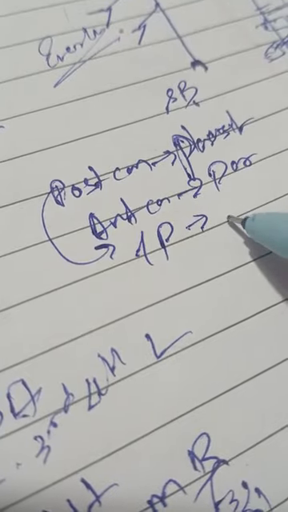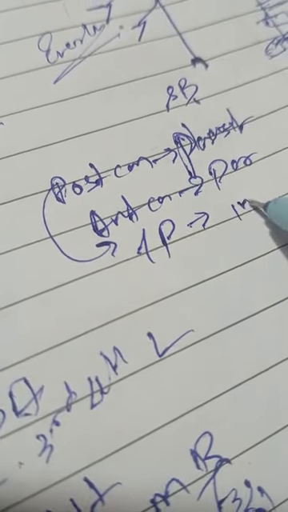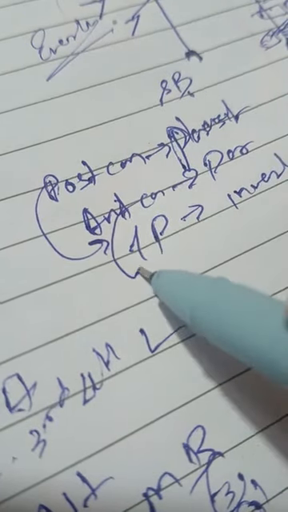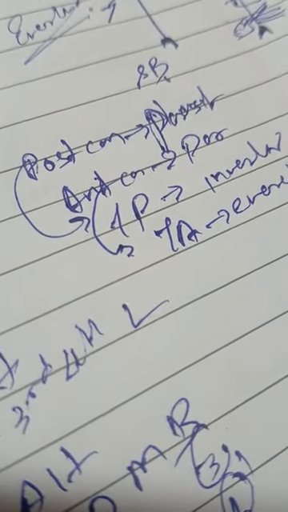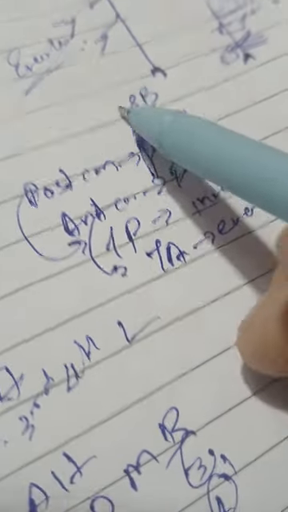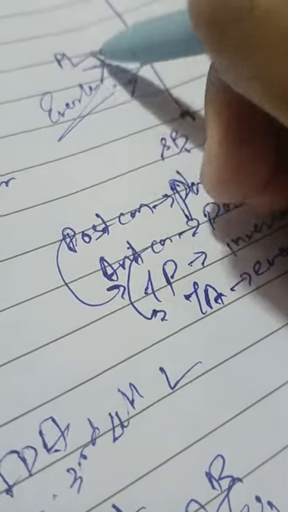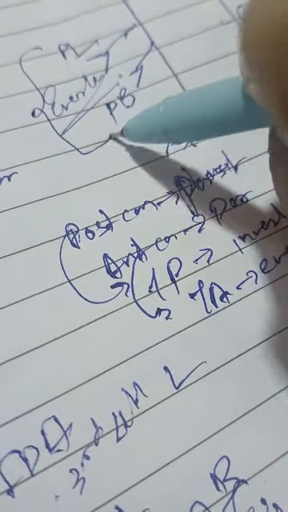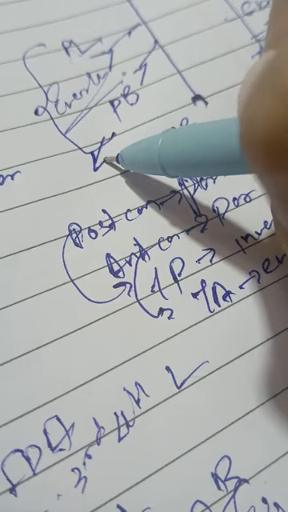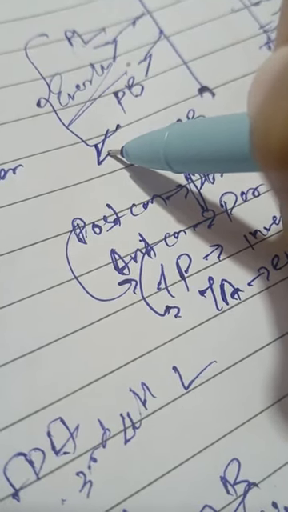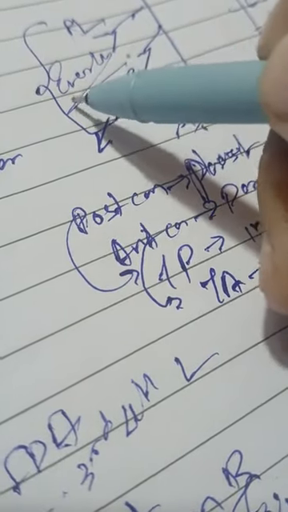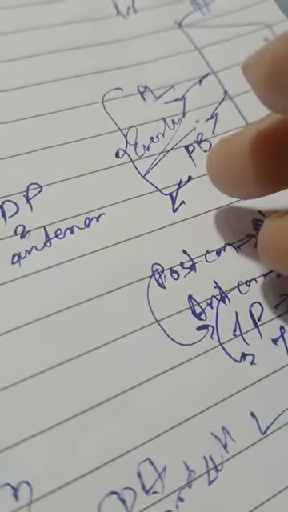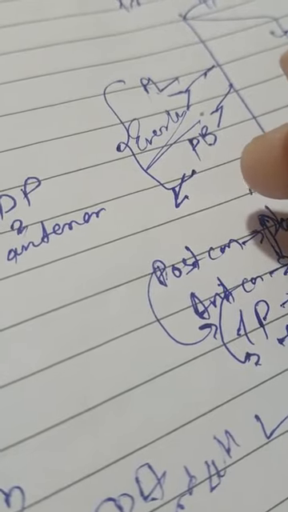In the posterior compartment there is a muscle known as tibialis posterior, which is the inverter muscle. And in the anterior compartment there is tibialis anterior. And these two muscles, peroneus longus and peroneus brevis, cause eversion of the foot, therefore they are called everters.